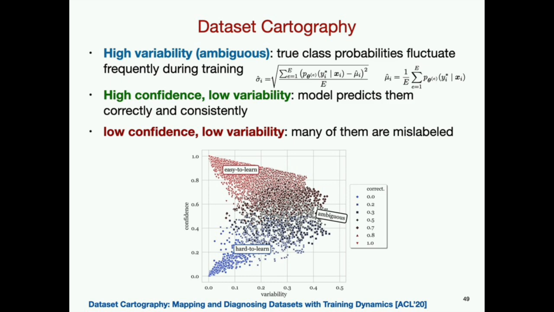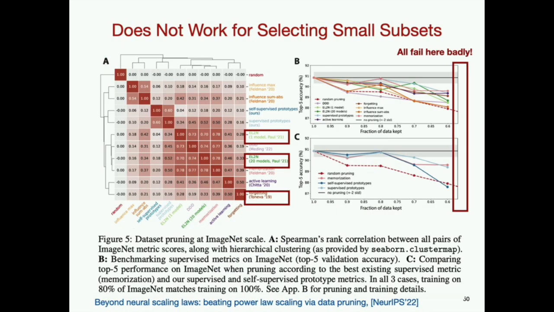Okay. So now, another paper shows that most of these heuristics on the diagram are correlated with each other. The left heat map shows the correlation of examples selected by different heuristics. But important is the right plot. The right plot shows that if we discard a lot of examples, if we discard 60% of our data with all of these heuristics, no matter which one, none of them can give us a good subset.